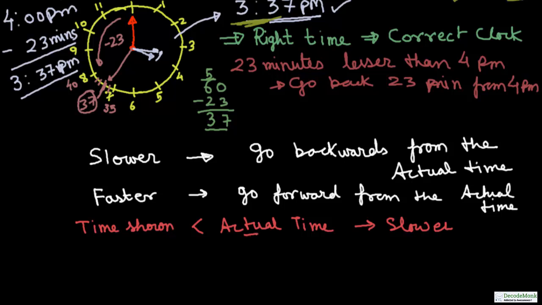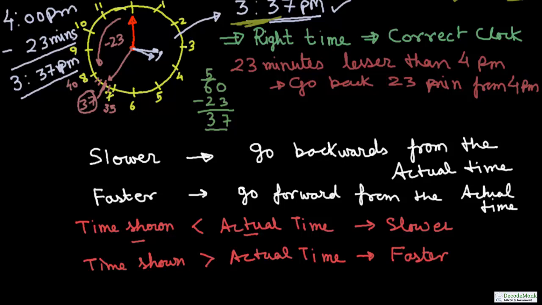It's the actual time minus the time shown. And if the time shown by the watch or the clock is greater than the actual time, then the clock is faster. Faster by how much? It is the difference of the two timings: time shown minus the actual time.